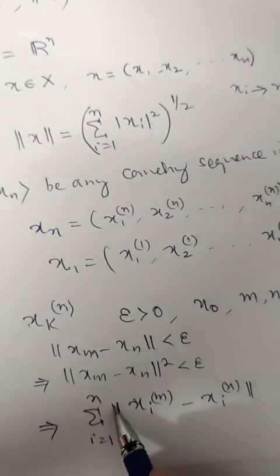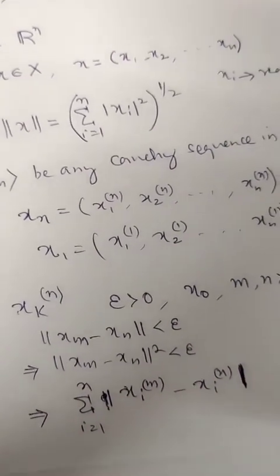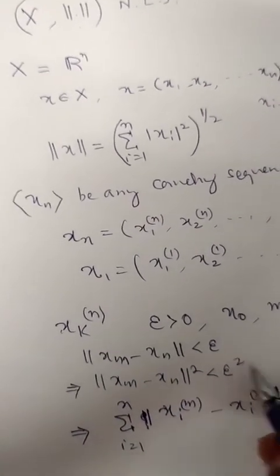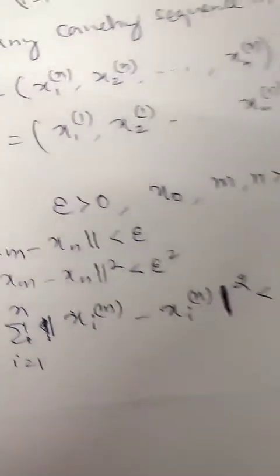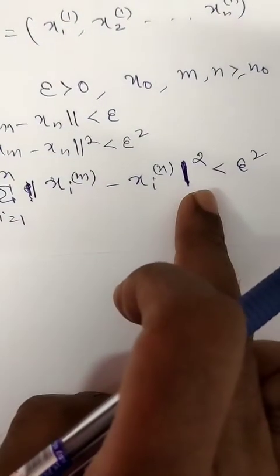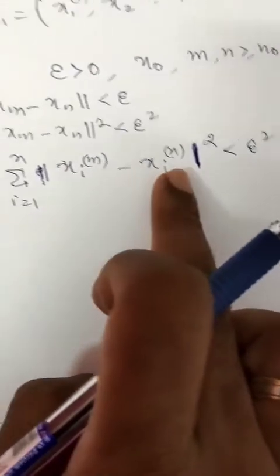So this is not the norm, this is the modulus sign. Now the sum of the squares of these absolute values is less than epsilon square, which means each of them must be less than epsilon square, because all are positive quantities.